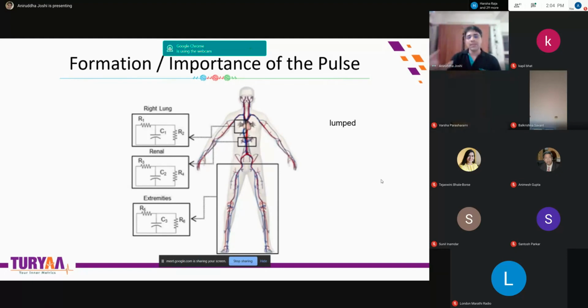So based on that correlation, we can find a good model. Suppose the current is so and so, your blood flow is so and so at the wrist, and so on. So that is how blood flow at the wrist can give information about blood flow at some other location. This is one of the theories about the formation or importance of the pulse, which is called the lumped model.